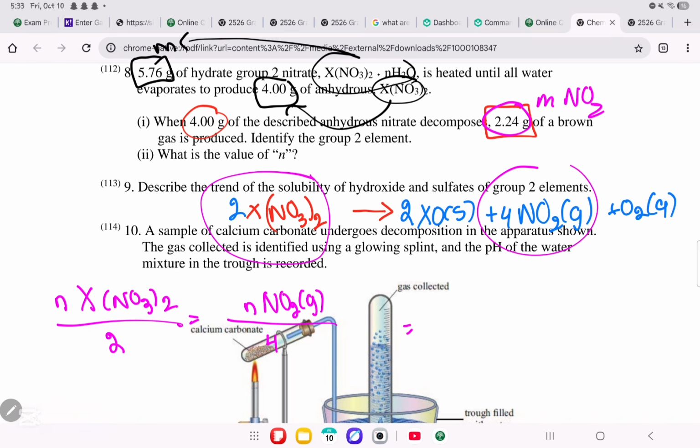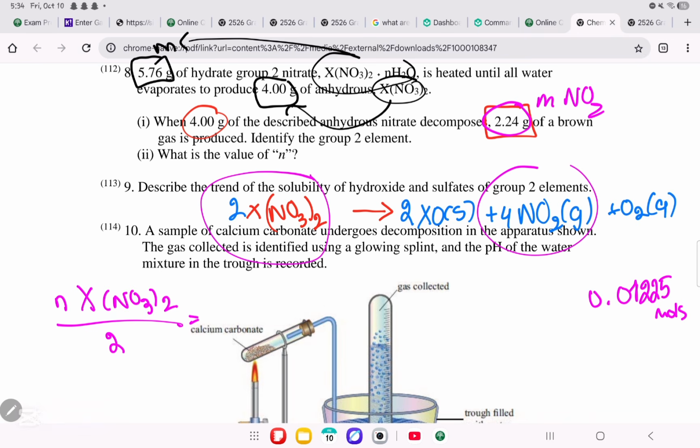It's mass 2.24 divided by the molar mass, which is 46. 2.24 divided by 46 is 0.049. So 0.049 divided by 4, how much will that give us? Approximately 0.01225 moles.